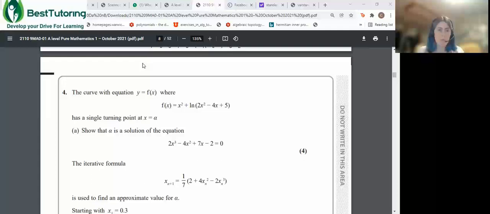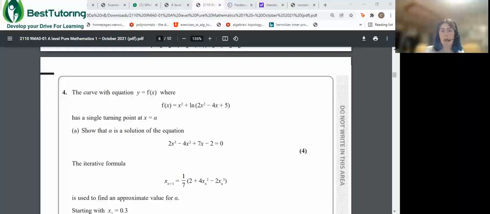Okay, well done, Anusha and Sonali, that's great. Okay, so if you're not sure, what a few people have sent me, so the first step we need to do for this one is differentiate y or f of x.